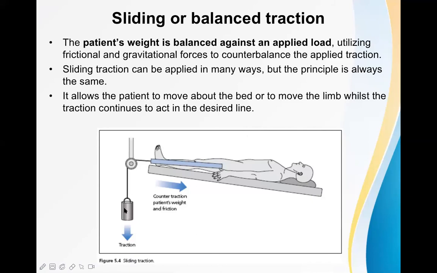There is a load which is applied here, and here is the patient, utilizing frictional and gravitational force to counterbalance the applied traction. So this is called sliding or balance traction. It is used if a fracture occurs on the limb. Just the name is important here.